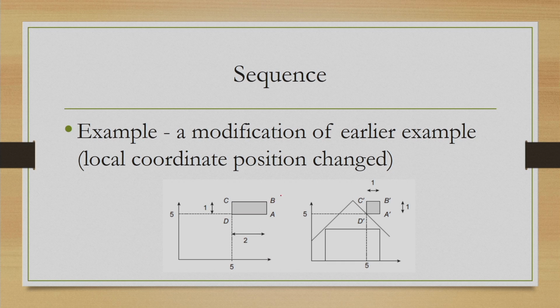Now suppose this original object was defined not with one vertex at origin, but here where we have new vertices, and the new point with respect to which the scaling takes place is at 5, 5, and the same object is placed here after scaling and translation. So, in this case translation is not required because it was already at that point and only scaling took place.